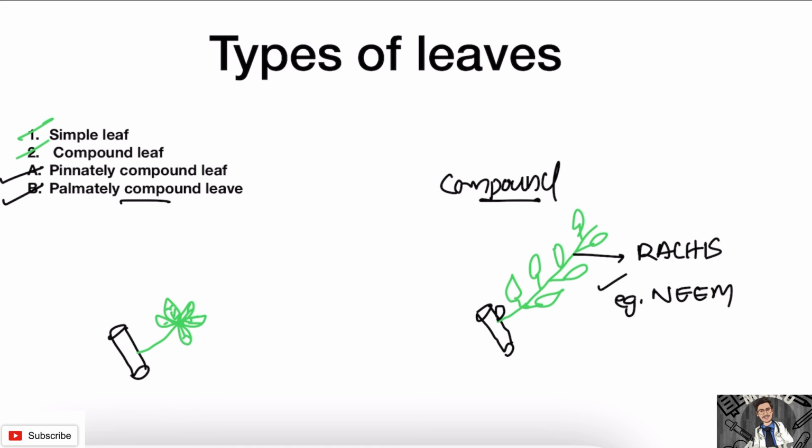And you have your axillary bud over here. If this is the case, we call it a palmately compound leaf. An example that you have to learn from your NCERT text is silk cotton. So I hope you have understood the classification of leaves based on their types.